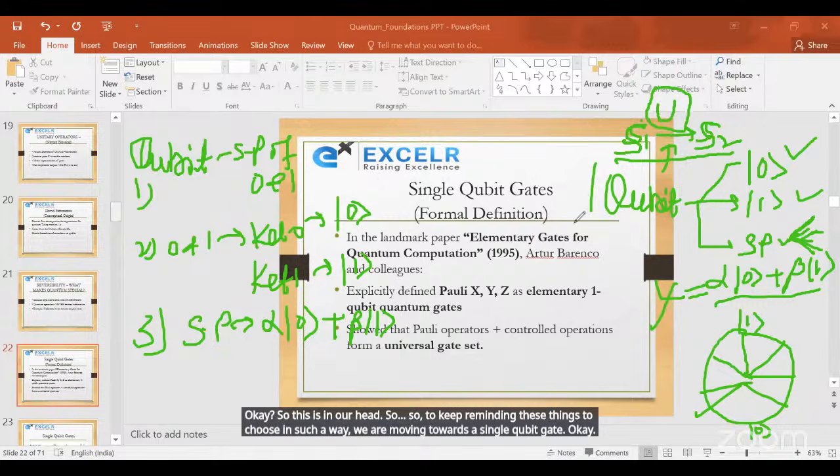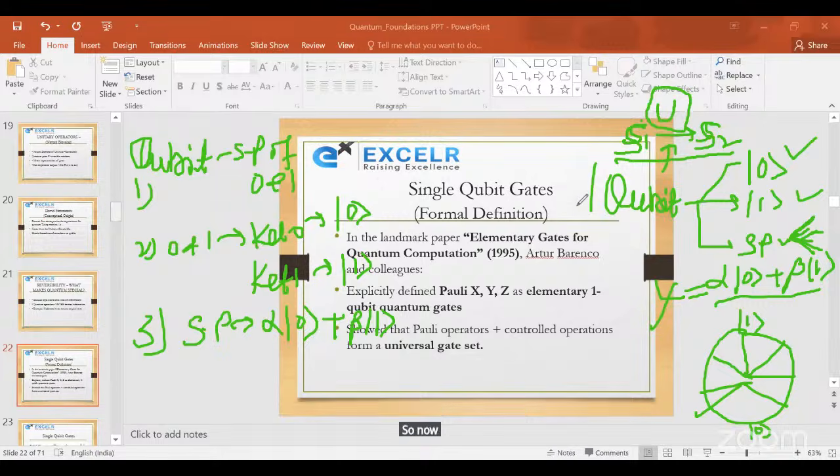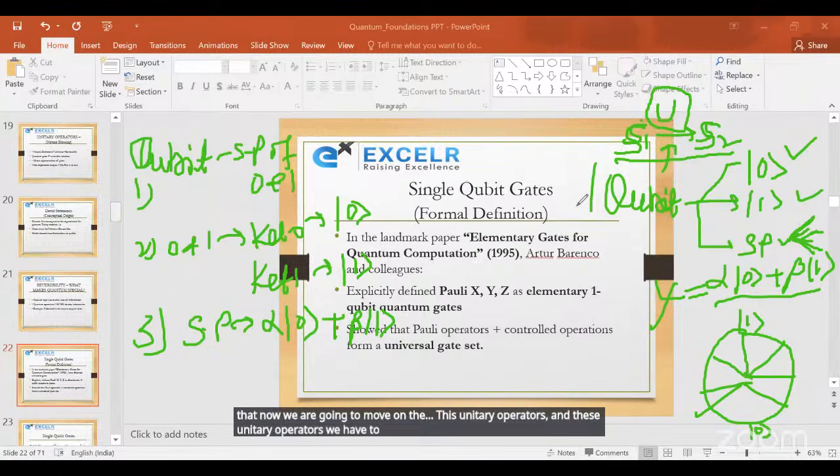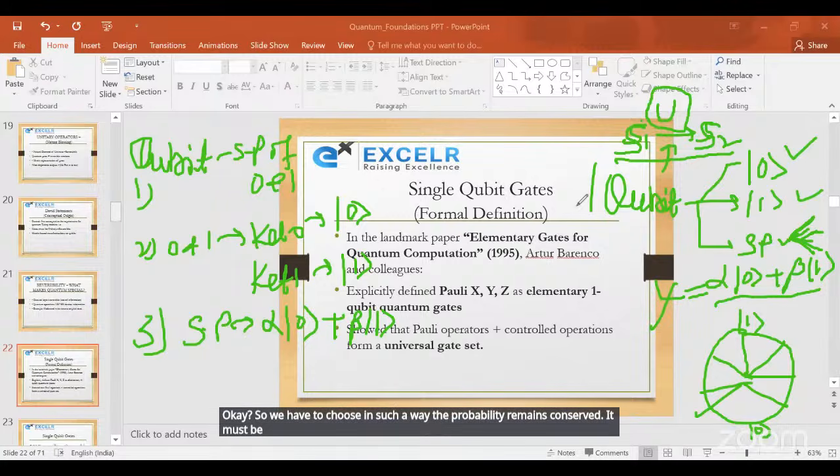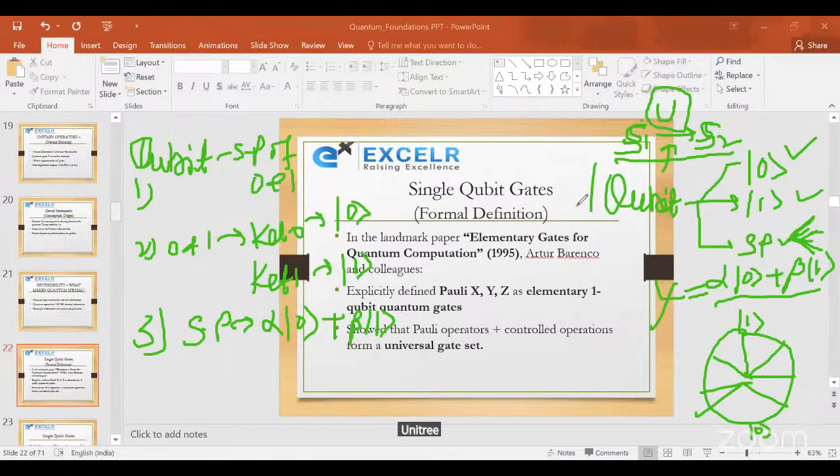Now just follow the pace of my designed course: we are going to move on to these unitary operators, and these unitary operators we have to choose. This is our choice. We have to choose in such a way that the probability remains conserved. It must be unitary. Unitary gives us one more advantage, that is reversibility.